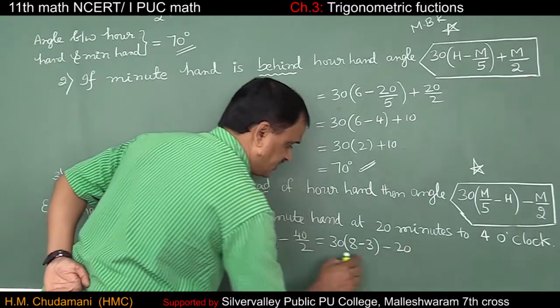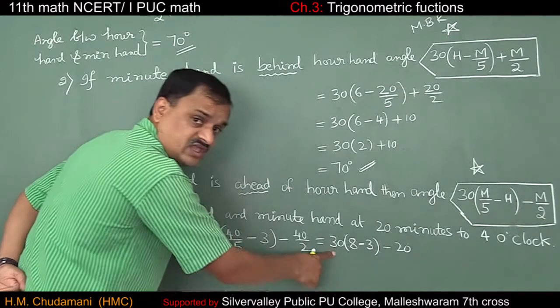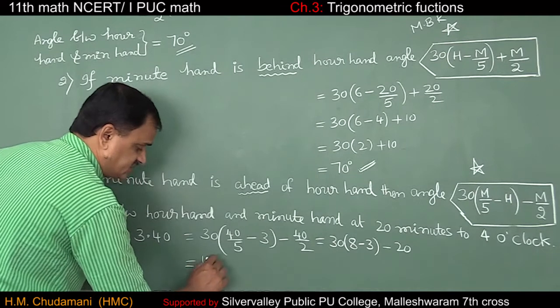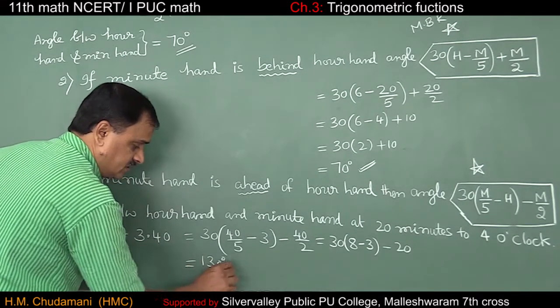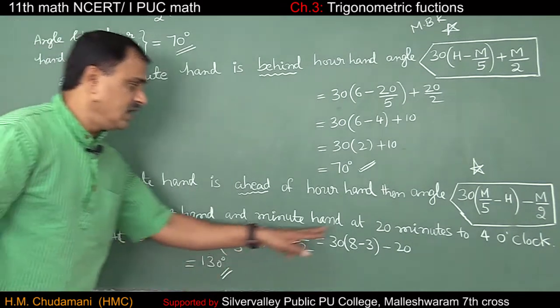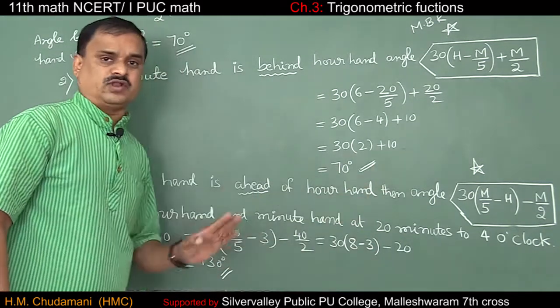So 30 into 5 is 150. The hour hand contribution is 3 times 40 divided by 2, which is 20. So 150 minus 20 gives 130 degrees. This is the angle between the hour hand and the minute hand at 20 minutes to 4 o'clock.